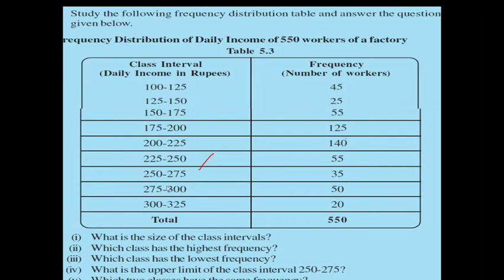As like this, they make class intervals, and for 100 to 125 the frequency of workers is 45. For 125 to 150 it is 25. As like this, this is a table which shows the frequency distribution of daily income of 550 workers of a factory.